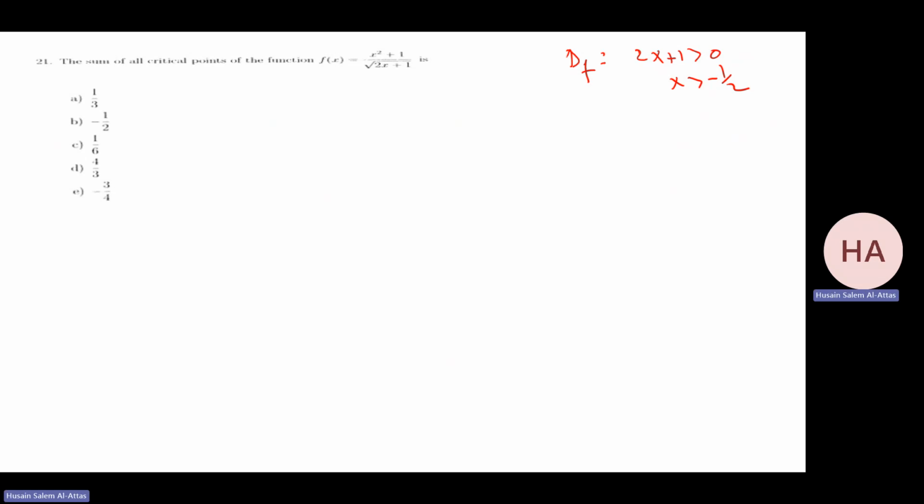So now I need to check f prime, do the calculation easily. 2x, the denominator, minus the numerator times the derivative of the denominator, which is 1 over 2 root 2x plus 1 times 2, over this square.